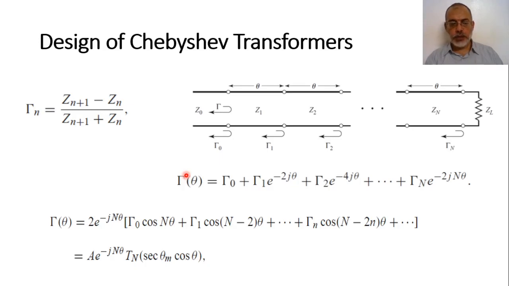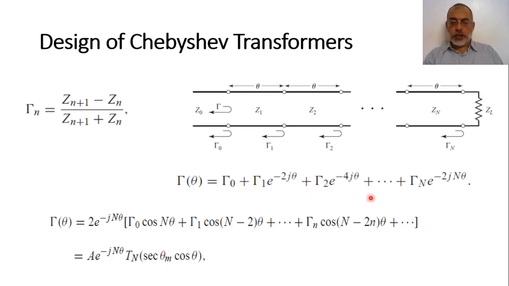So in this case, the proposed reflection coefficient of this multi-section transformer would be equal to a specific magnitude A multiplied by e to the power minus j n theta multiplied by the Chebyshev polynomial of sec theta maximum multiplied by cosine theta, where theta maximum is the phase angle theta which corresponds to the maximum allowable reflection coefficient.